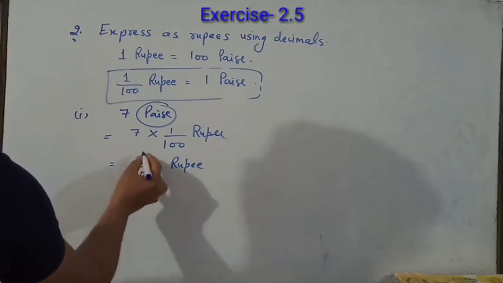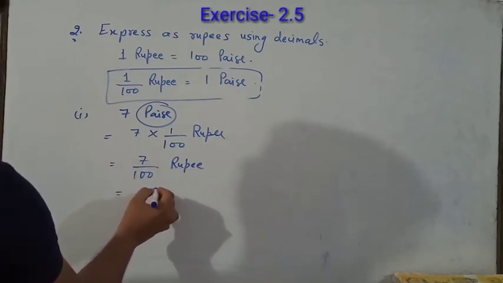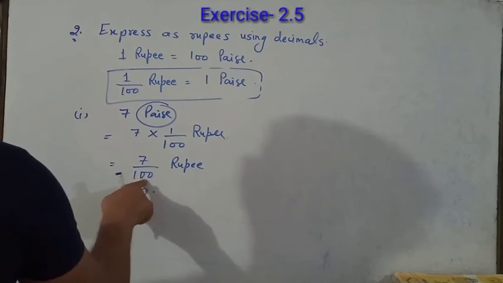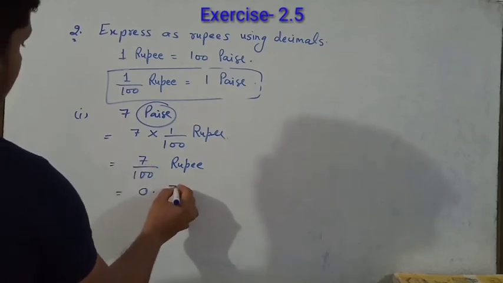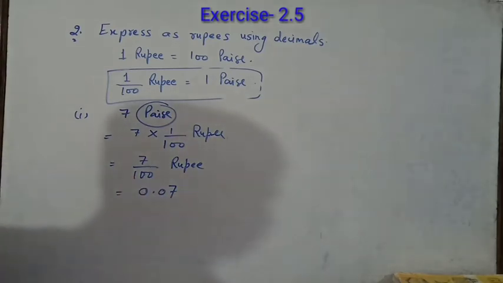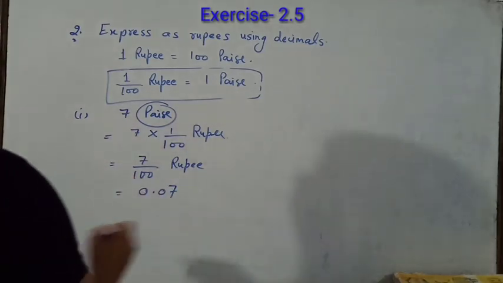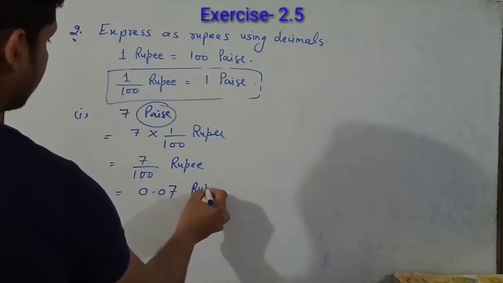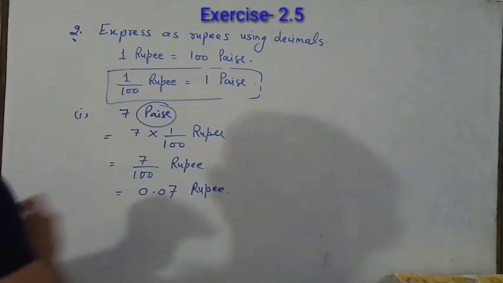Means when we convert into decimal, then 0 point and we have 07. So after 2 digits, we put the decimal sign. So this is the conversion to rupees.